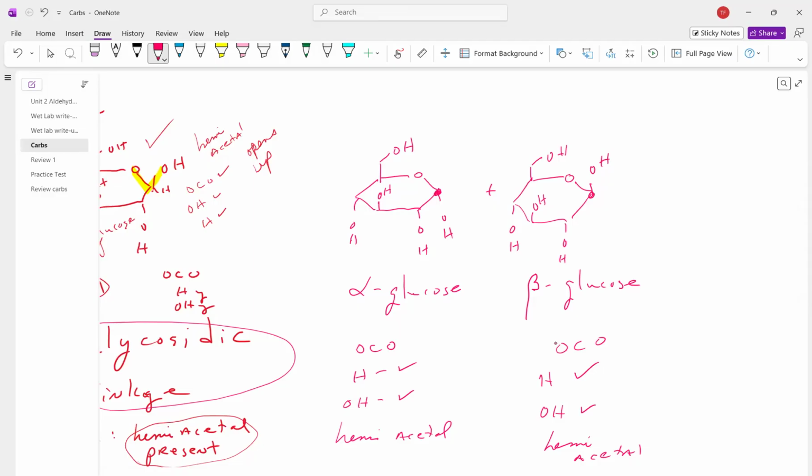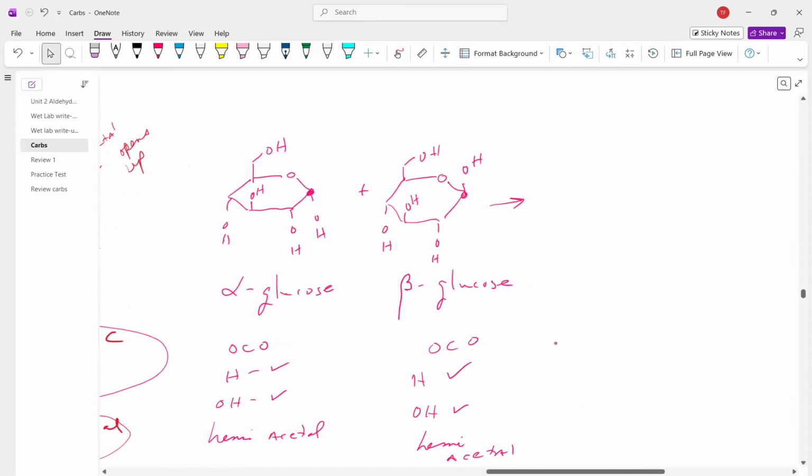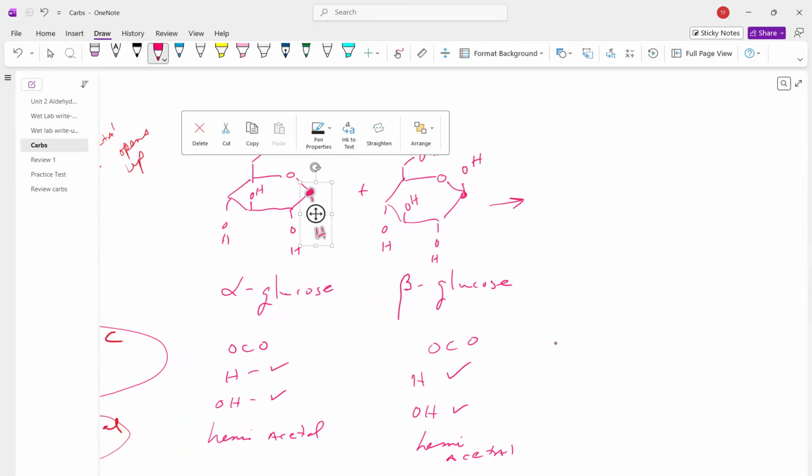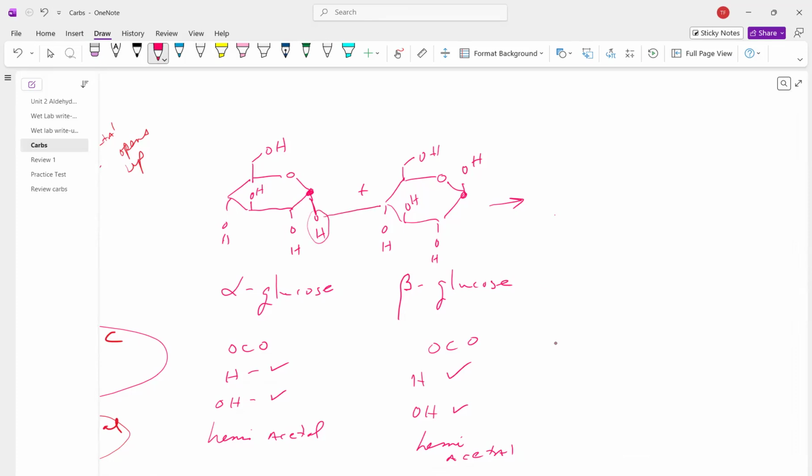However, when we put them together and they link up, the left-hand side hemiacetal is going to go to a full-blown acetal. The right-hand hemiacetal is not going to be changed, only the left one. So basically, this OH is going to bind there.